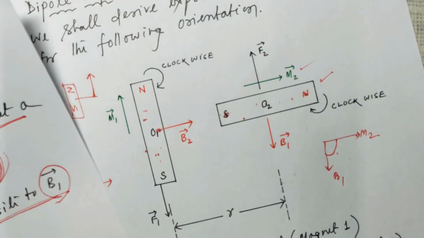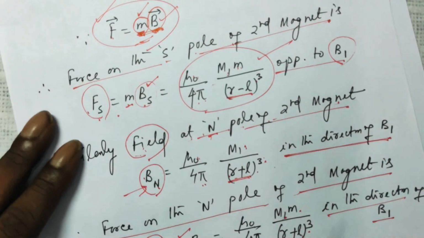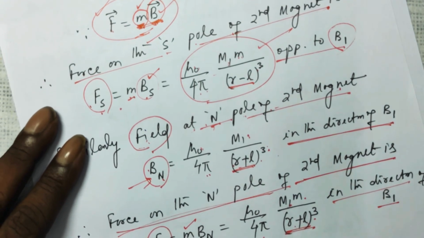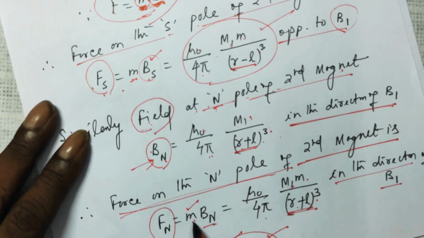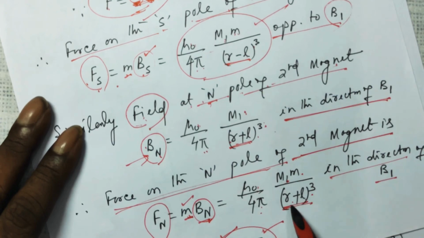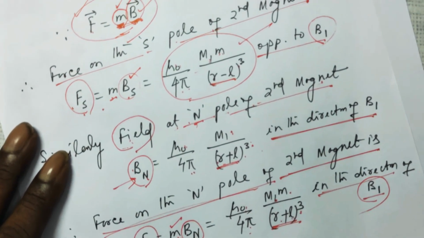So the force on the North Pole of the second magnet will be pole strength times the field: mu naught over 4 pi, M1 small m over (R plus L) cube, in the direction of B1.